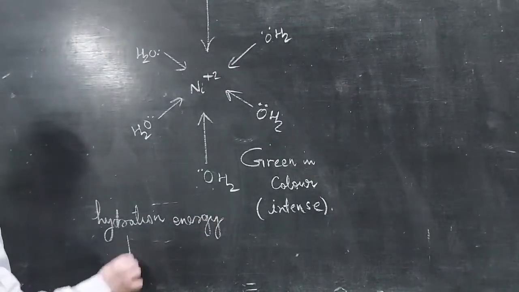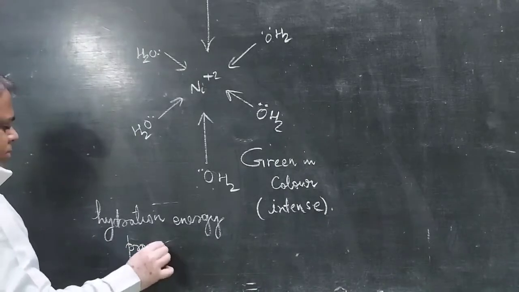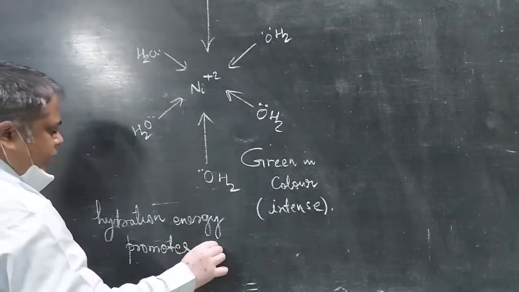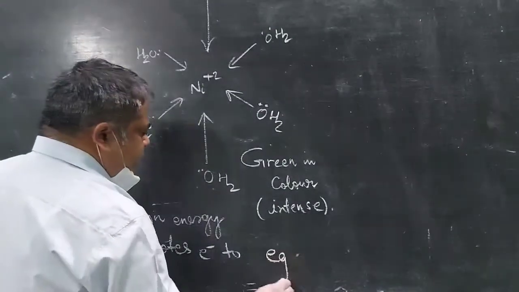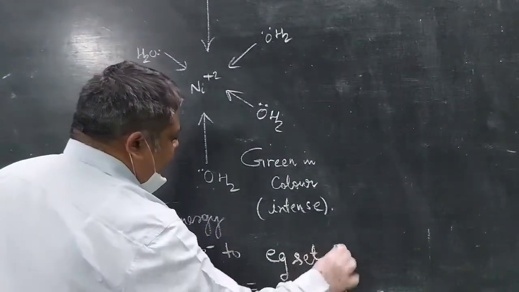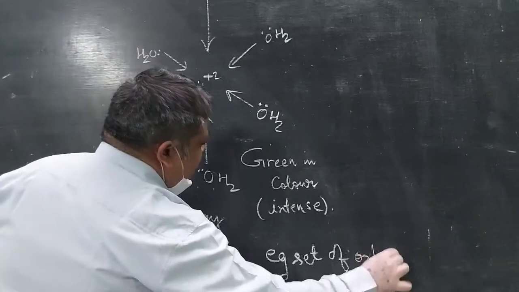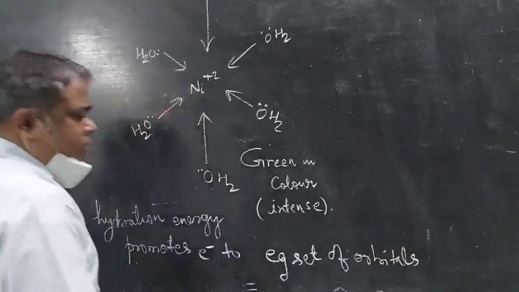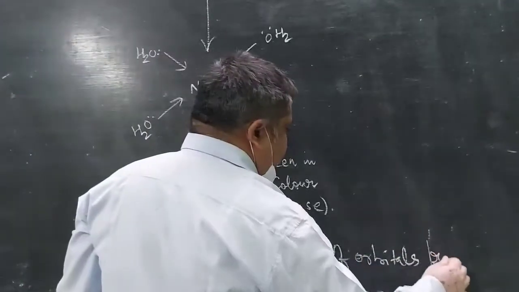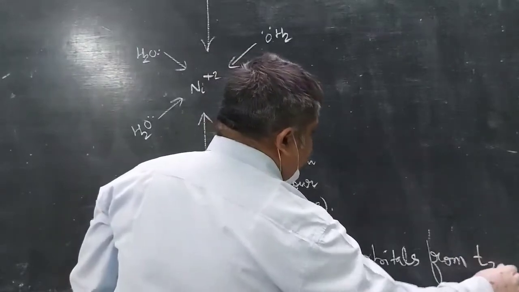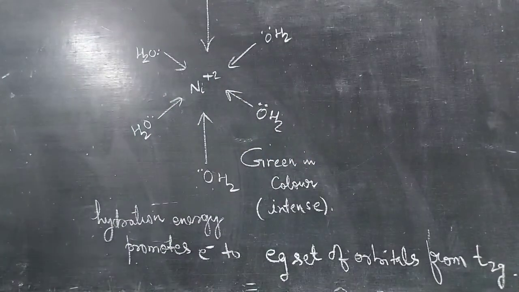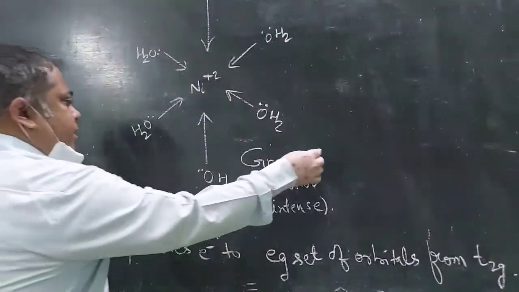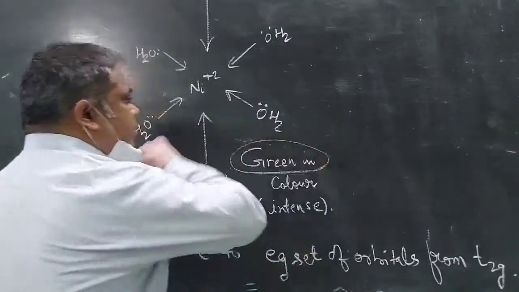Hydration energy promotes electrons to the eg set of orbitals from the t2g. Now, this is green in color. Remember that this is green in color.